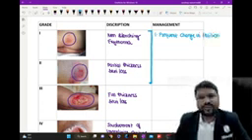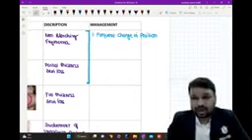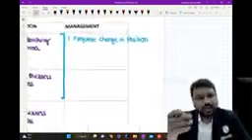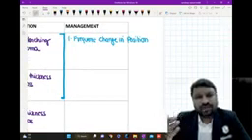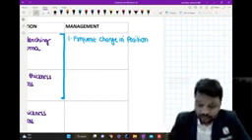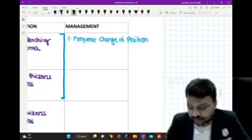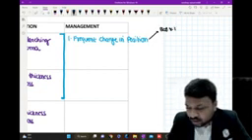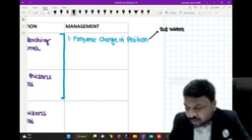When you say frequent change in position, any patient that comes to you will ask a very simple question, right? How frequently should I change? Now, for this advice, you have to see whether the patient is bedridden or wheelchair bound.